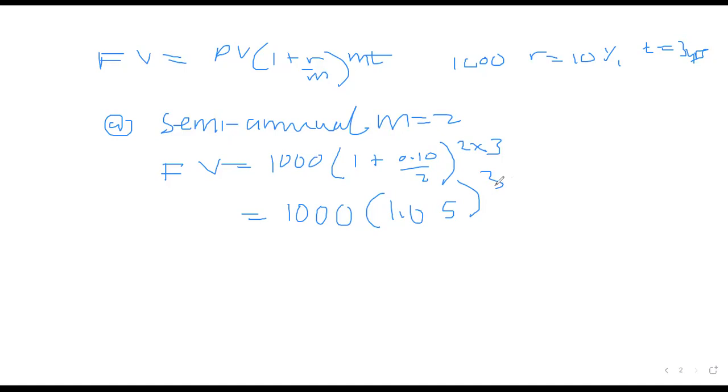So we're going to have 1.05 to the power 6 times 1,000, and here we're going to get 1,340. One thing you need to understand is that the more we compound, the higher the value.